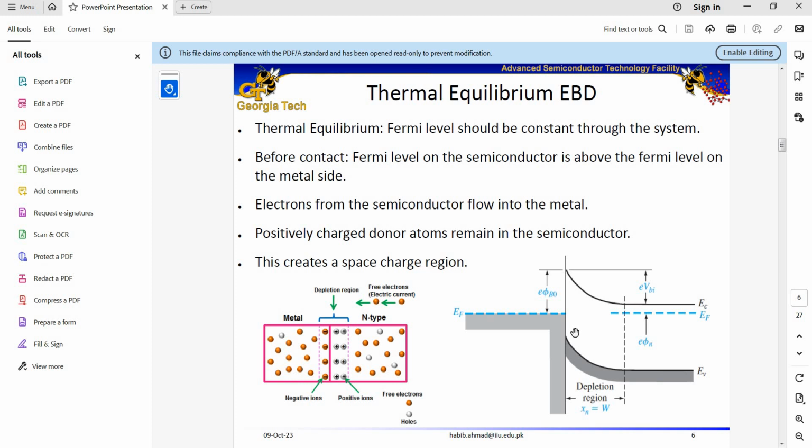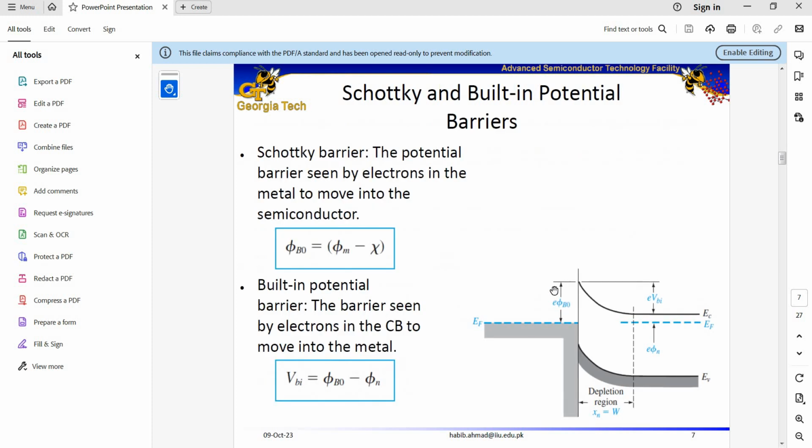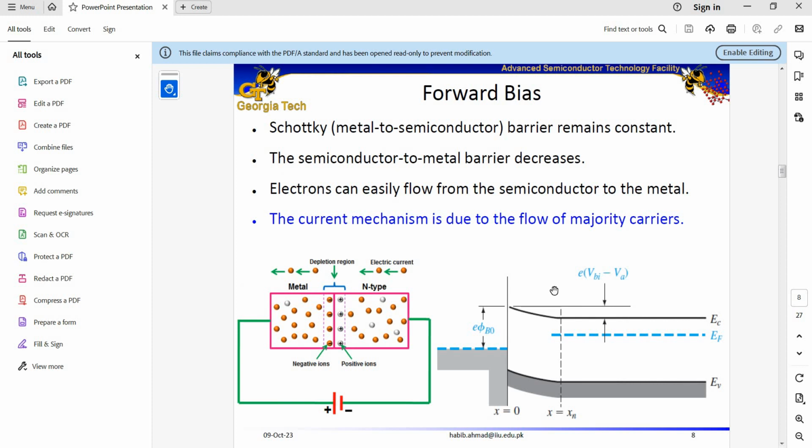So basically for this structure, as we can see, we got a Schottky barrier, phi b naught represents the Schottky barrier, and we got a built-in potential. It's a Schottky diode, or it shows rectifying behavior, because as you can see, when we apply positive voltage to it under forward bias, we see that the barrier for electrons to move from the semiconductor to the metal is reduced.